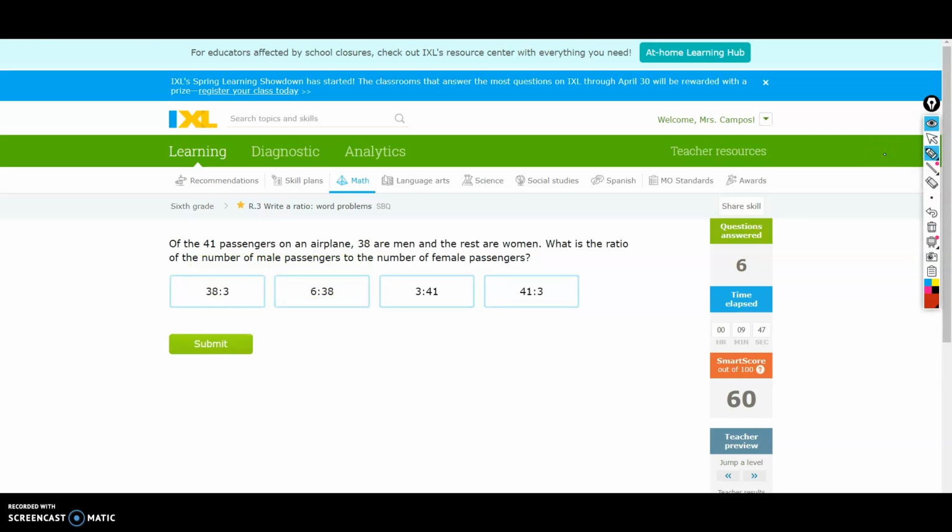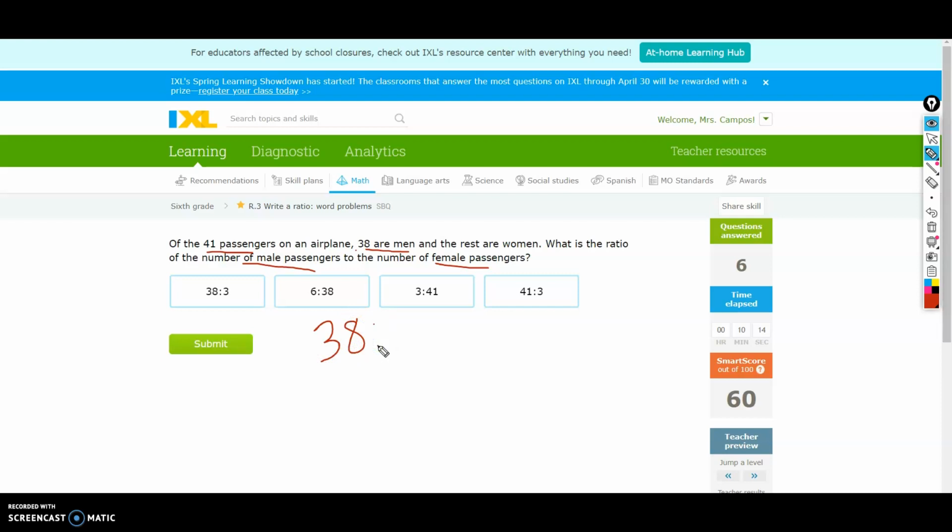Of the 41 passengers on an airplane, so that tells you that's the total number of passengers, 38 are men, and the rest are women. What is the ratio of the number of males to the number of female? Well, it didn't give us the number of female, so we're going to have to do some calculations. So first we know the number of male is 38.